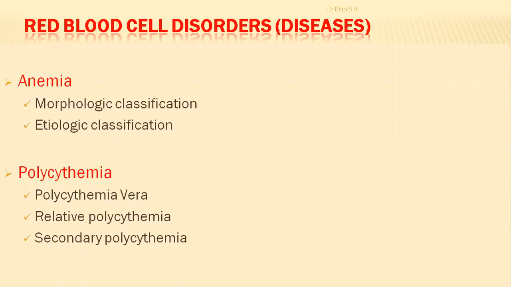The polycythemia vera is also referred to as the primary polycythemia. So I have different types of polycythemia. In general, polycythemia is an increase in the red blood cells. Sometimes it's also referred to as erythrocytosis.